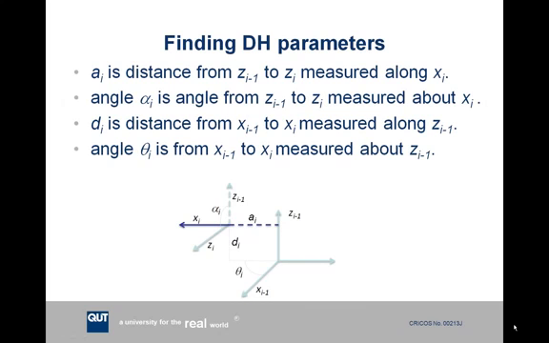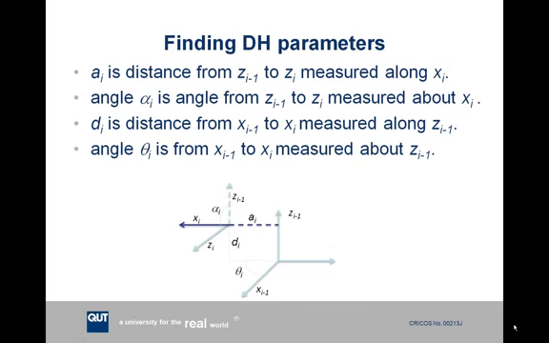Once you've drawn your diagram and labelled all your axes according to this set of rules, you need to find the values of these 4 DH parameters for each reference frame. The a subscript i parameter is the distance from the previous z-axis to the current z-axis, or zi minus 1 to zi, measured in the xi direction.